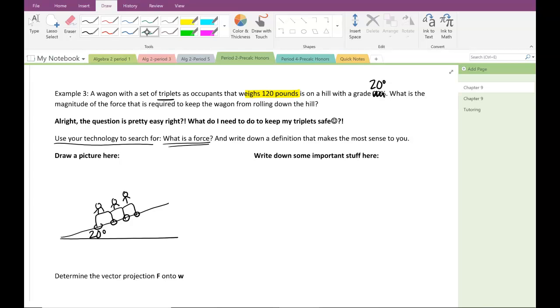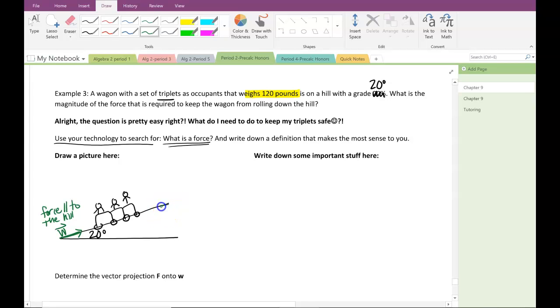So we're going to fill in some information here. We will give the vector W. Okay, that's vector W. And vector W is the force that's parallel to the hill. All right, so vector W is the force that's parallel to the hill.